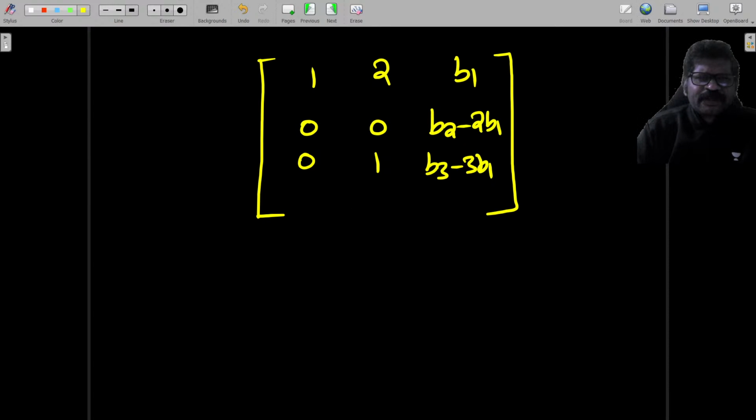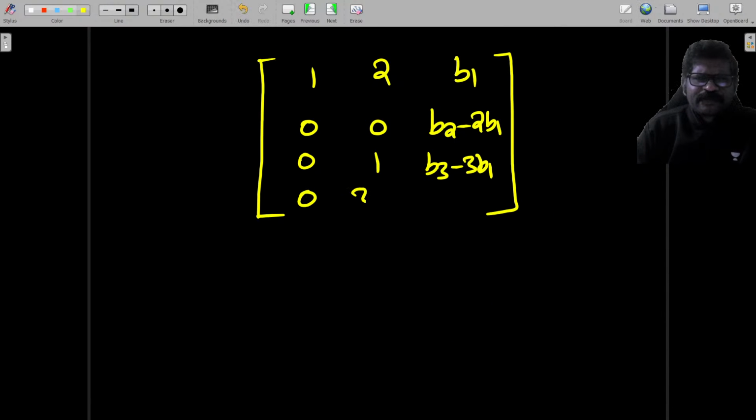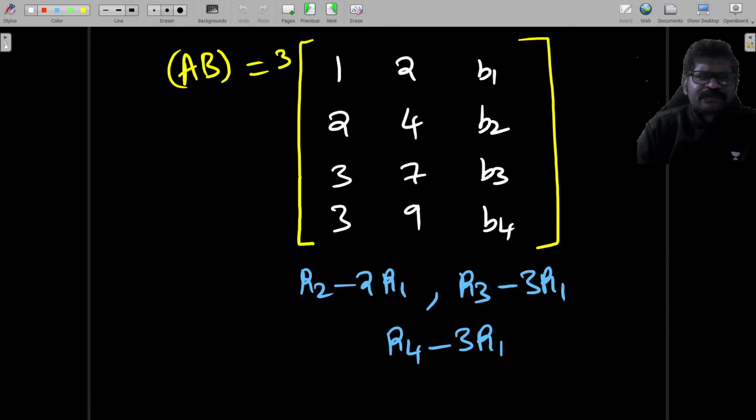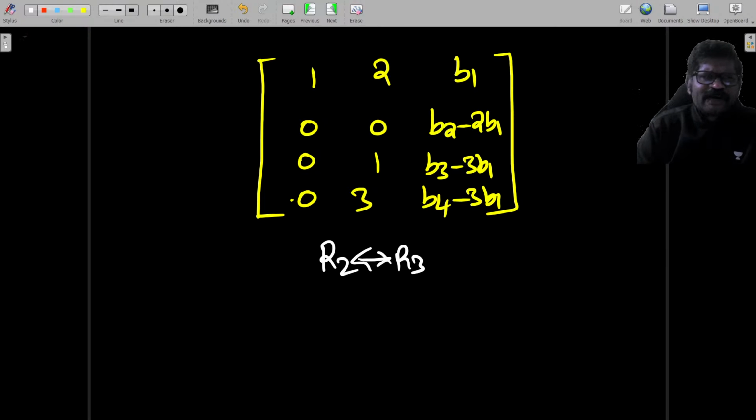Next, 3 minus 3 is 0, 9 minus 6 is 3, 0 3 B4 minus 3 B1. Next, R3 and R2 we have to interchange. R2 is interchanged with R3 to get echelon form.